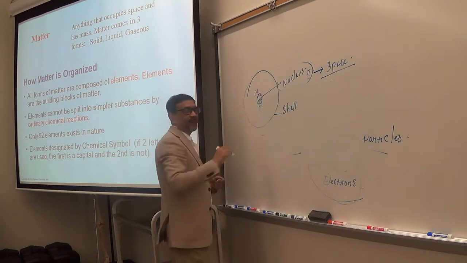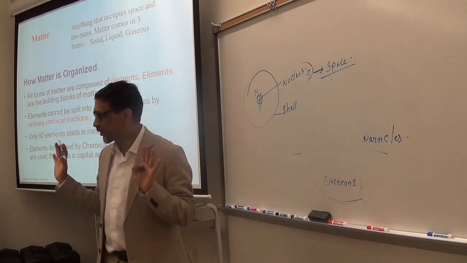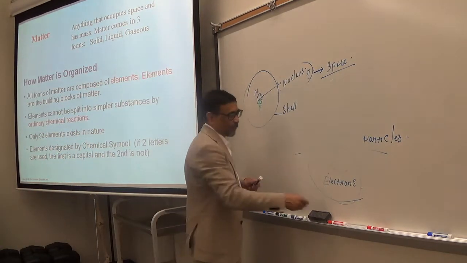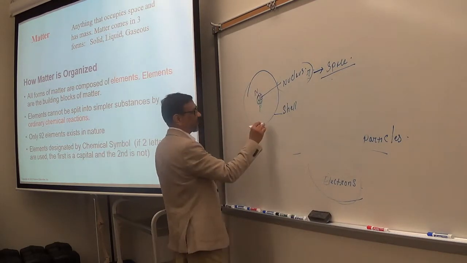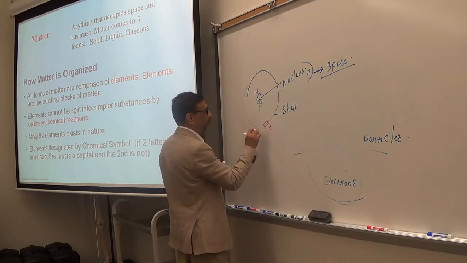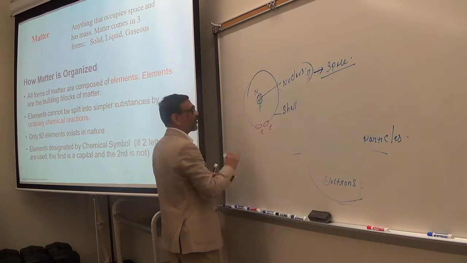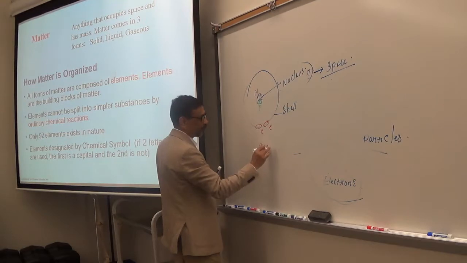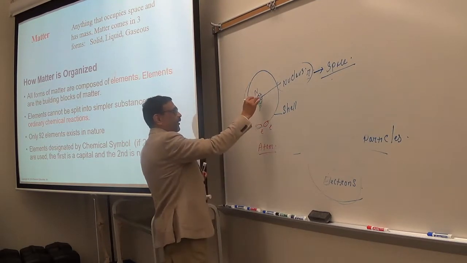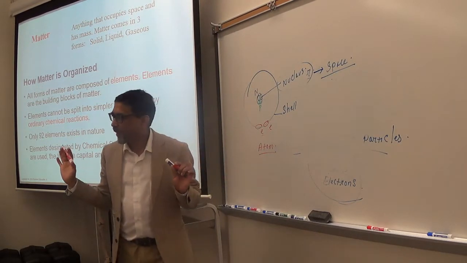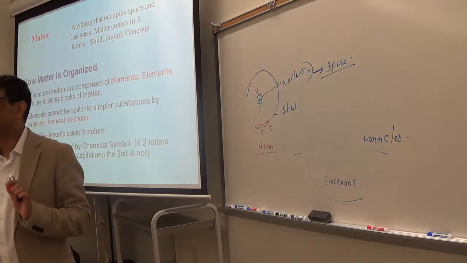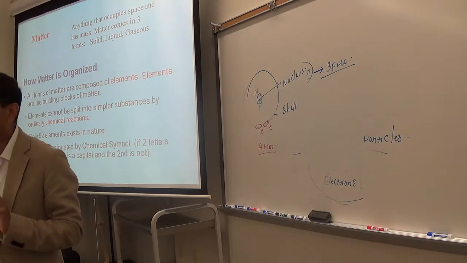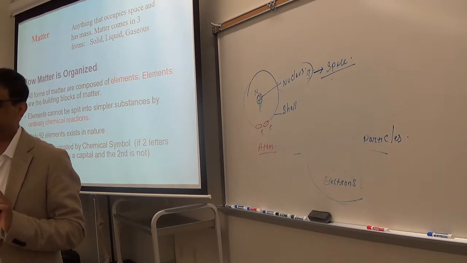Protons and what? Neutrons in the nucleus. Make sense? And on the shell you have the electrons. Okay. So you see this is an atom and it has a nucleus. Nucleus contains what? Neutrons and protons. Okay. And on the shell you have what? Electrons. Okay.